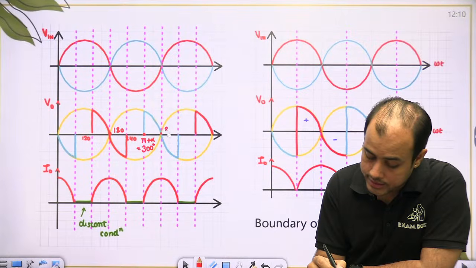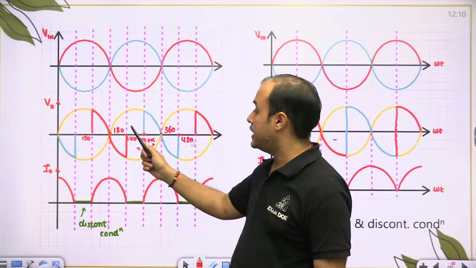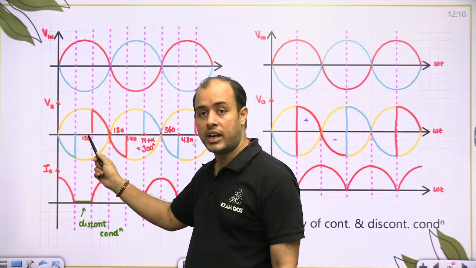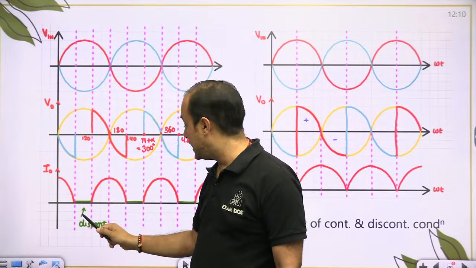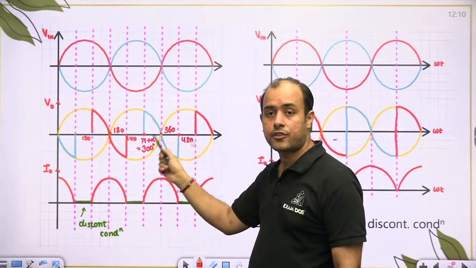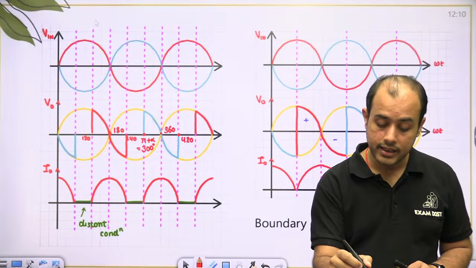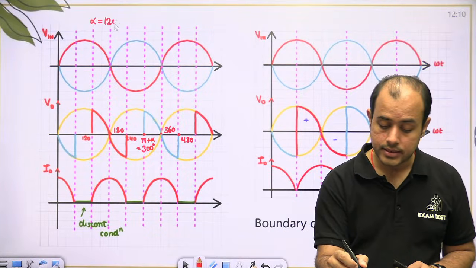So they will charge till 360 and discharge for next 60 degree, 420. So T1, T2 will conduct from 120 to 240, equal charging and discharging. Then T3, T4 will start from pi plus alpha, that is 300 degree. So again, equal charging and discharging.